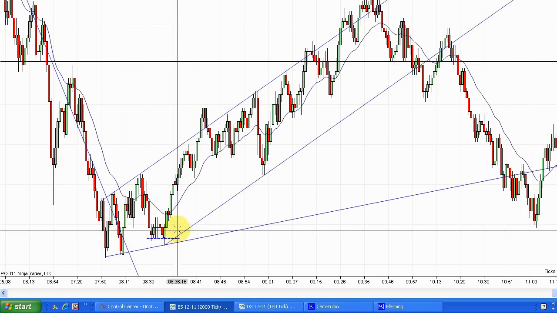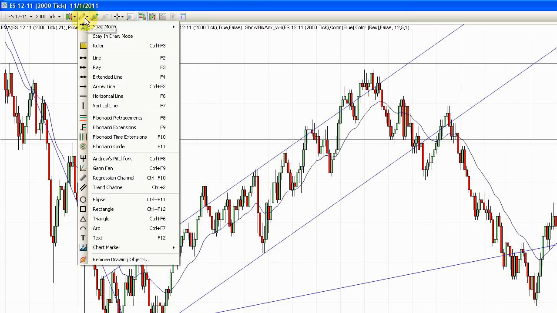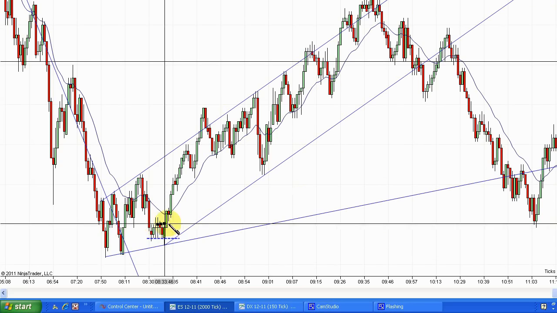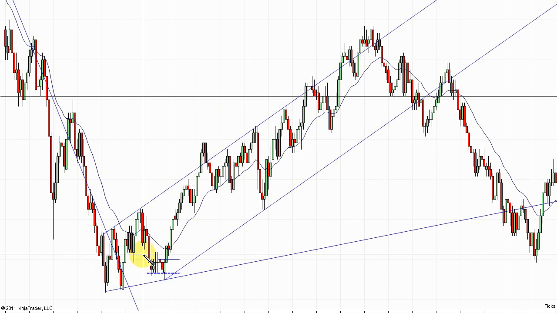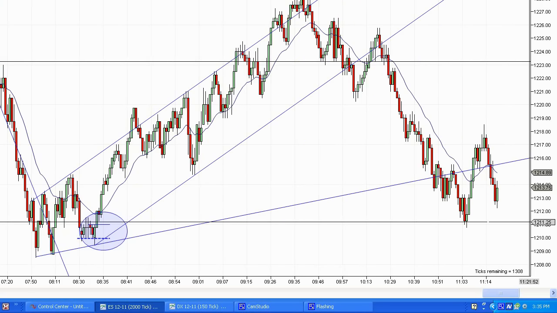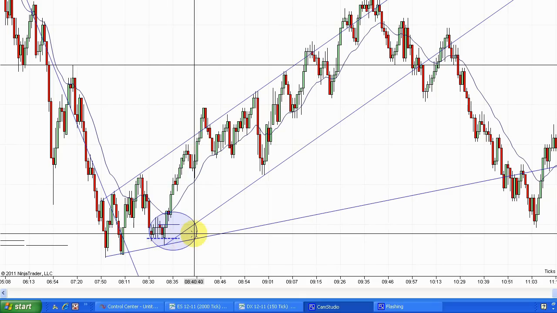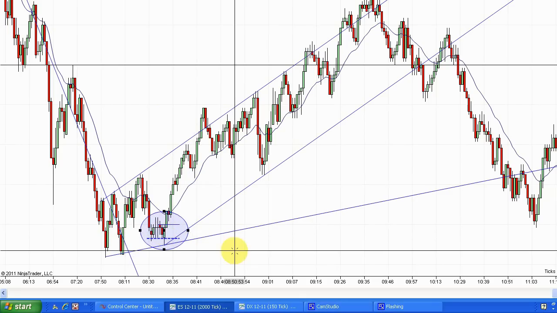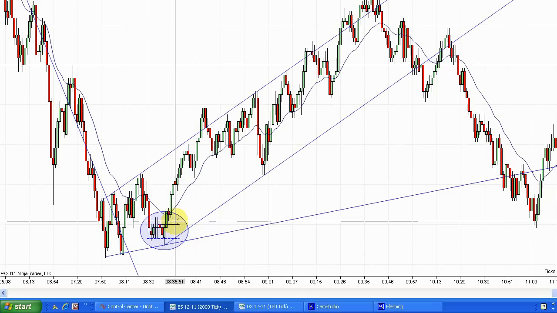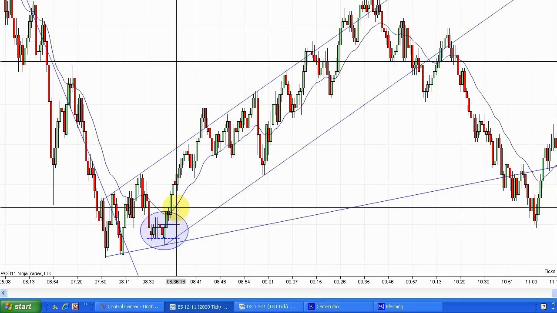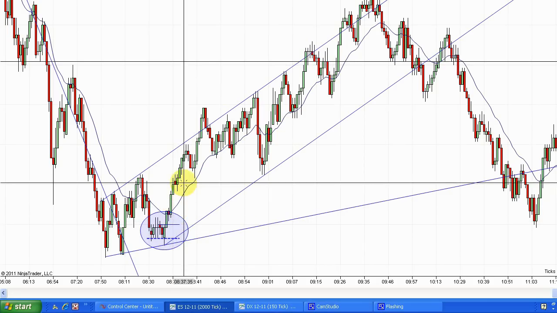This would have been a great place to go long right out of the gate this morning. So that's trade one. And I'm just circling it here to make it a little easier to see. But if you'd have gone long right there, you would have been long at 11 1/4. And yeah, any runners would have been safe right there.